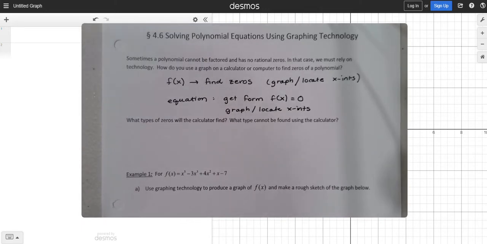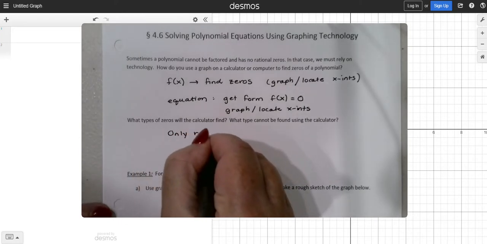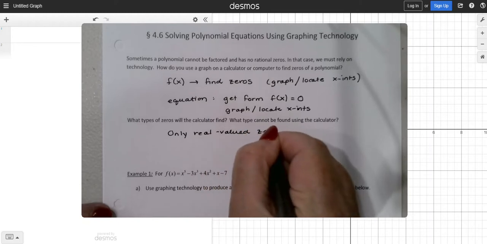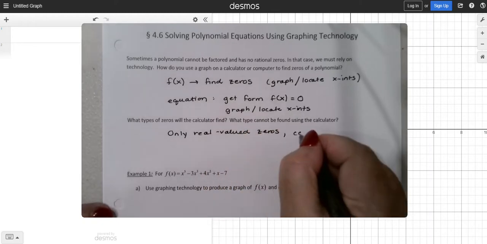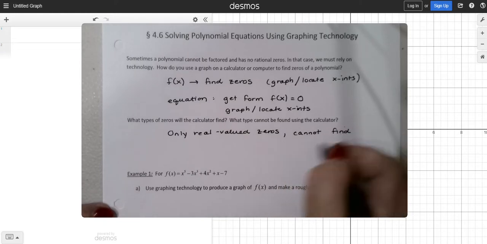Keep in mind, same things again that we learned before about quadratics. We're only going to find what kind of zeros? We're only going to find real valued zeros. We cannot find the imaginary ones using graphing technology.